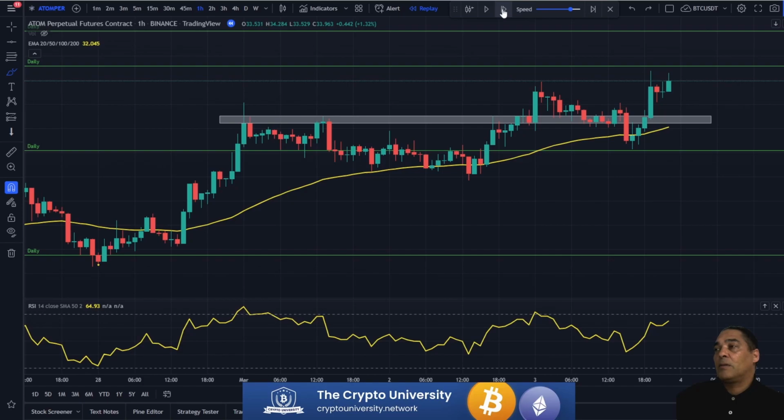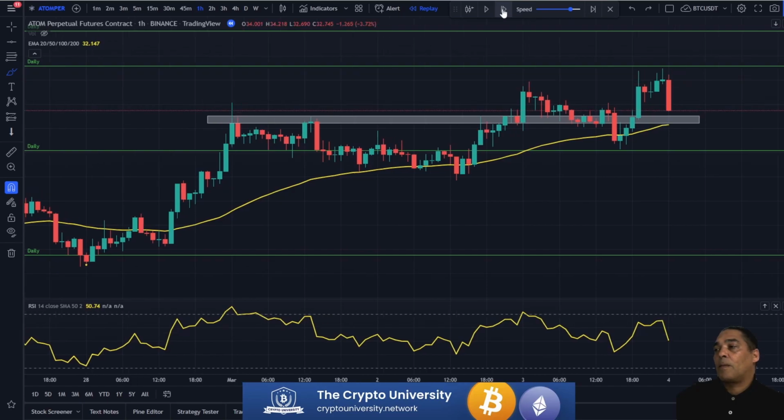Then again, based on this, we will see divergence is still playing out, still forming higher highs and higher lows.